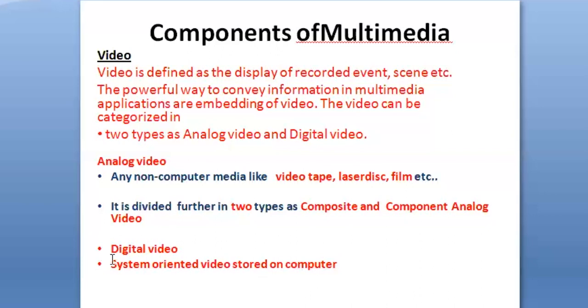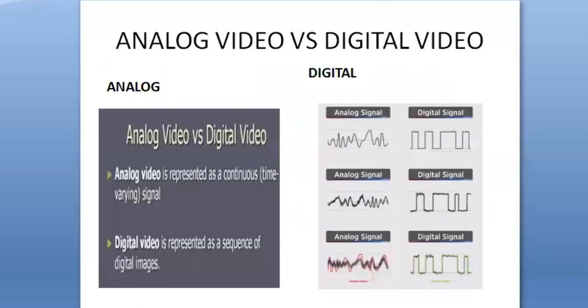It is not spelled out in your book, so you just have an idea. System-oriented videos which are stored on a computer, we call digital video. So we have a difference here. Analog is represented as continuous signals, more or less looking like a wave format. Digital video is represented as a sequence of digital images.